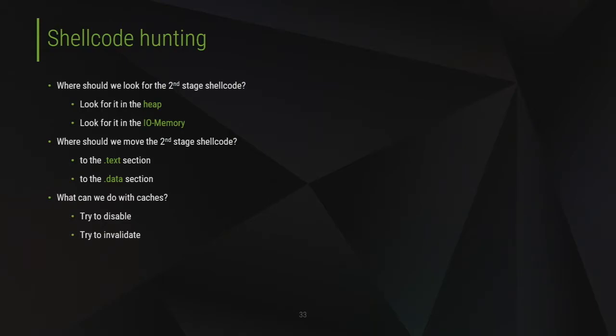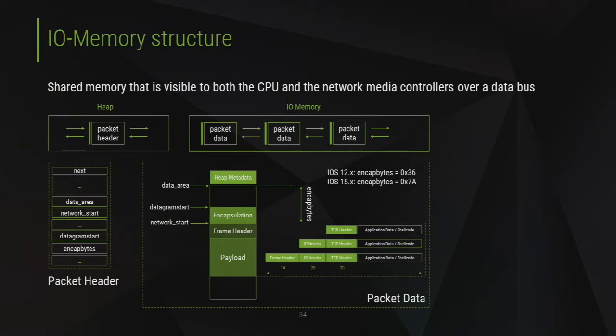To answer these questions, we'll have to develop an egg or omelette egg hunter. If you are lucky, you will be able to find the shellcode on the heap, but it may happen that the buffer will be released. An alternative is searching your I/O memory.